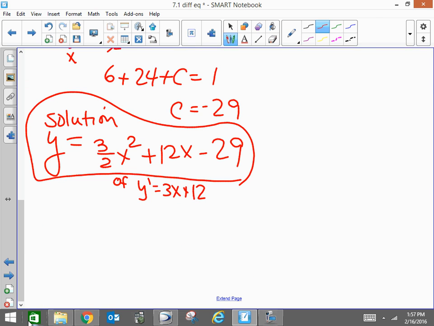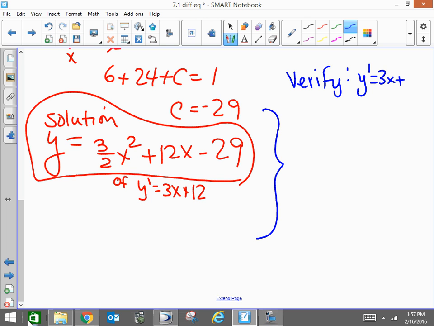Okay, so if we wanted to really verify, because Mary Grace doesn't believe us, okay, when we verify, we check our answer, right? So y prime equals 3x plus 12.